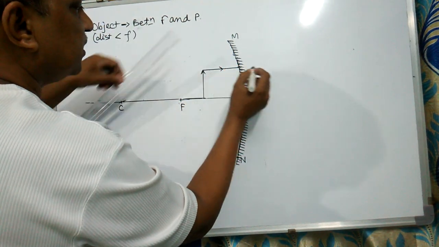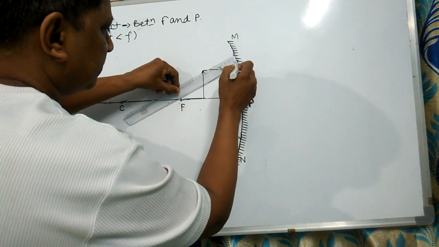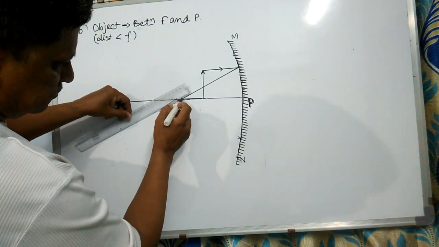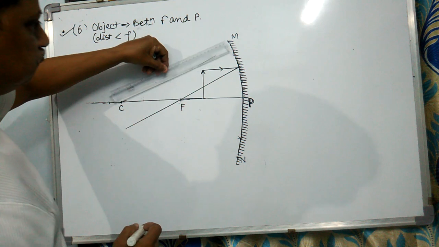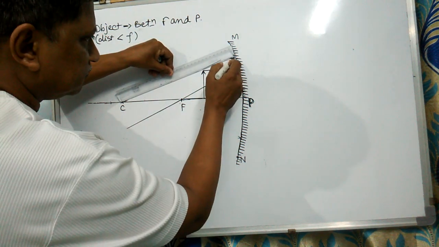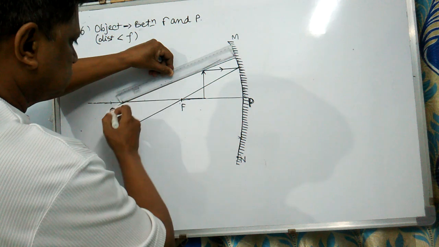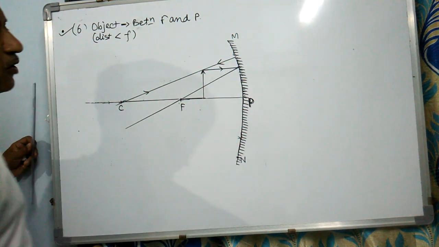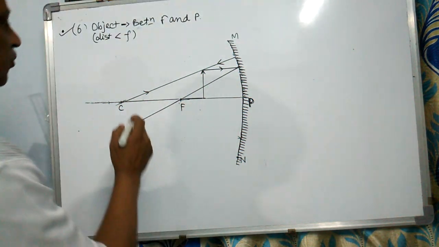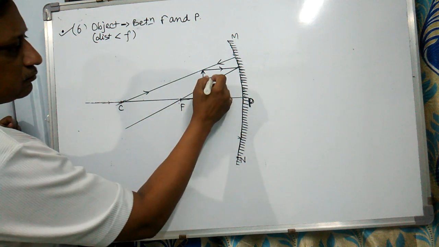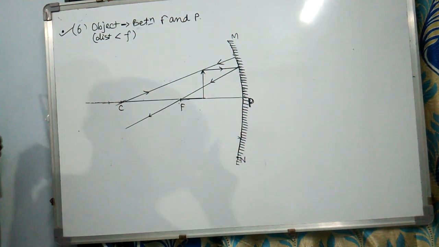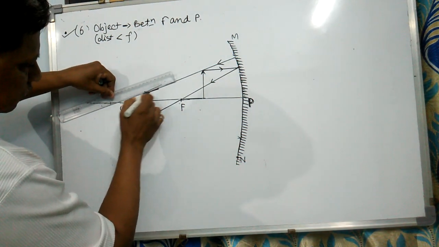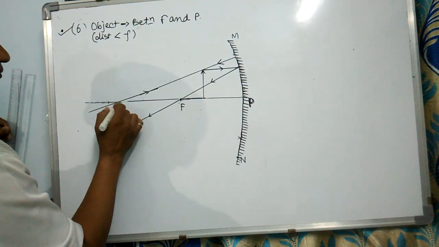Parallel to the principal axis, and after reflection passes through focus. And the third rule: if a ray passes through the center of curvature, it rebounds. But both the rays go apart.